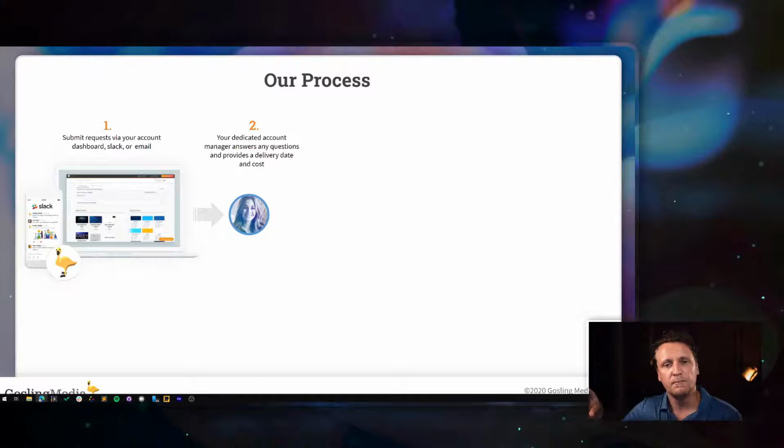The marketing person submits the request through the dashboard, which triggers an alert to an account manager on our side, who reviews the brief and makes sure that it's clear and that all of the required assets and text and materials are supplied so that the designer can get started right away.